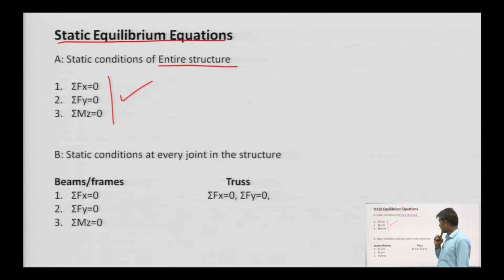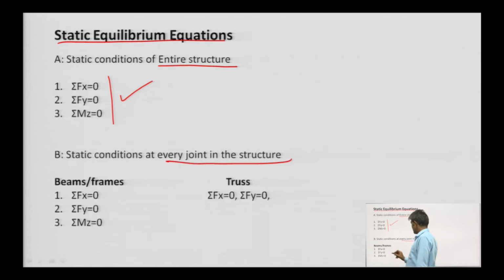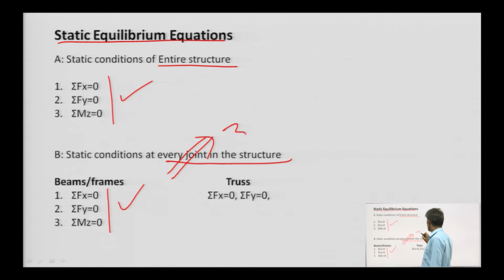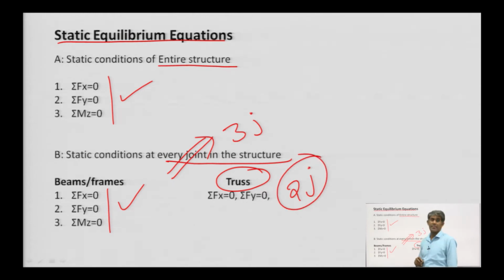So, static condition at every joint in the structure, we can apply sigma Fx, sigma Fy, sigma M equal to 0. Therefore, the static equilibrium equations in this case will be 3 times j, and in case of truss, since there is no moment, it is 2 times j, where j is the number of joints in a structure.